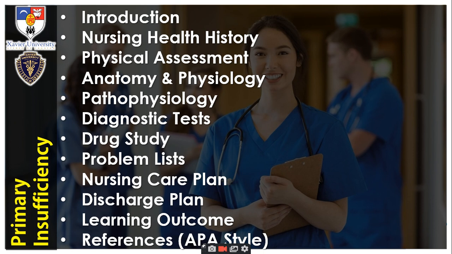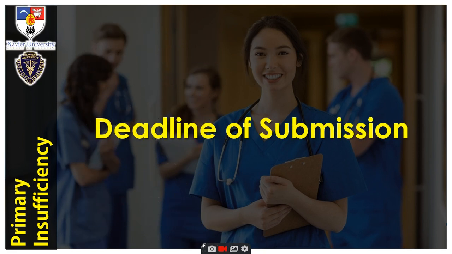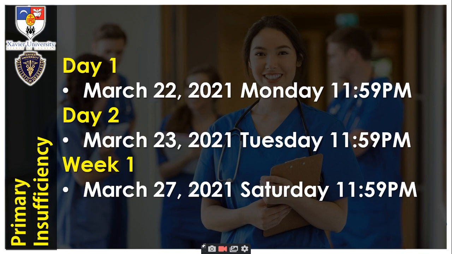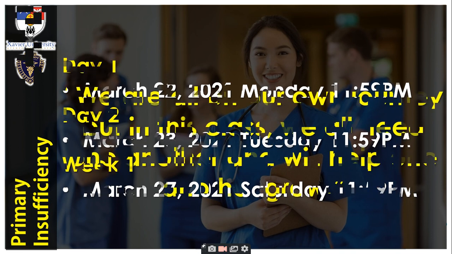The deadline of submission for day 1 is March 22, 2021, Monday, 11:59 p.m. For day 2, March 23, 2021, Tuesday, 11:59 p.m. And for week 1 requirements, the deadline is March 27, 2021, Saturday, 11:59 p.m.